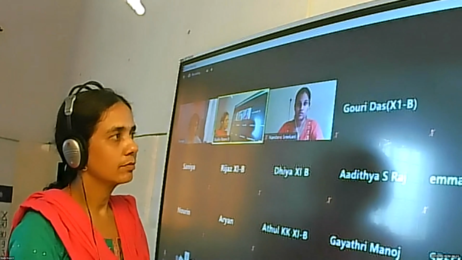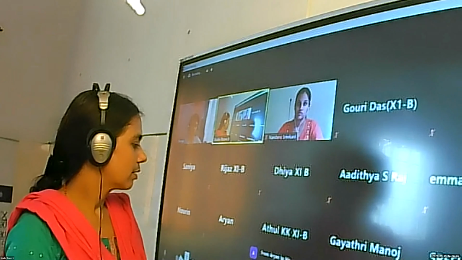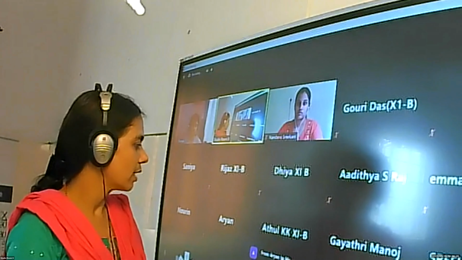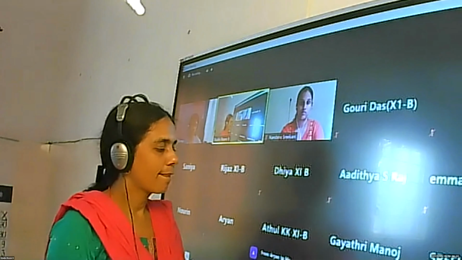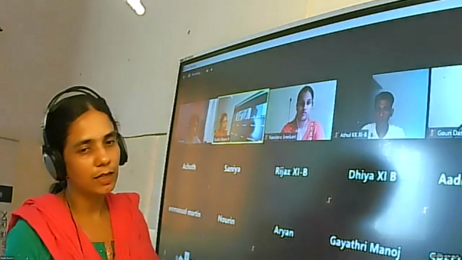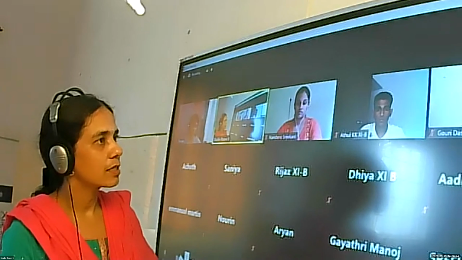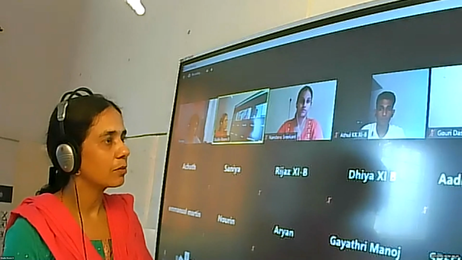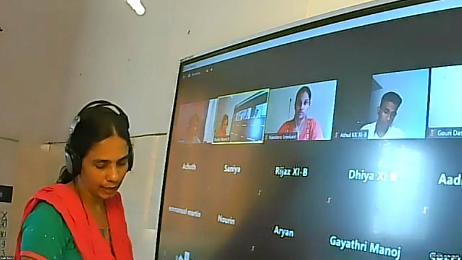Rijas, equation of a line in normal form: x cos omega plus y sin omega is equal to p, where p is the length of the perpendicular from the origin to the line.